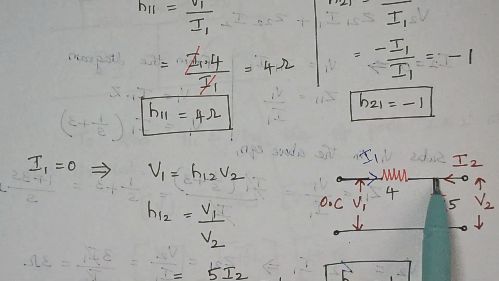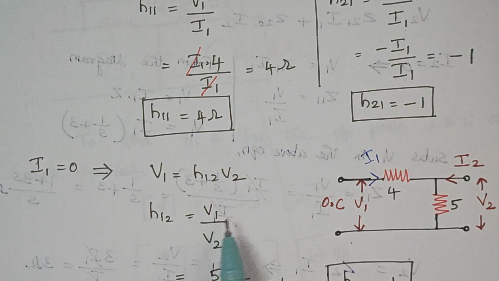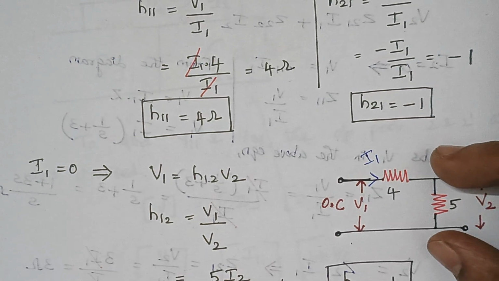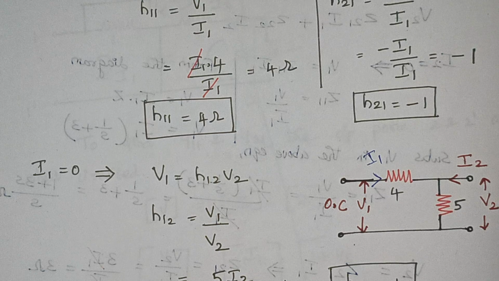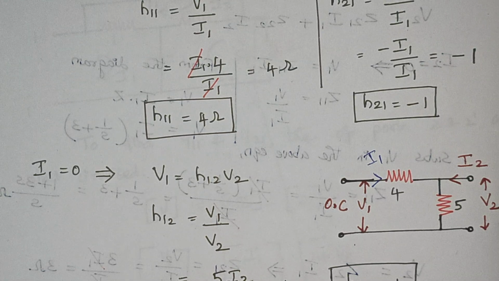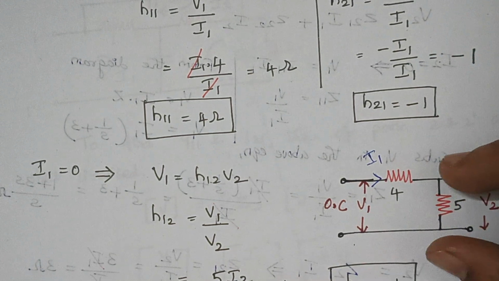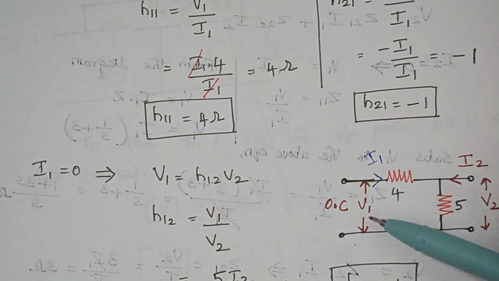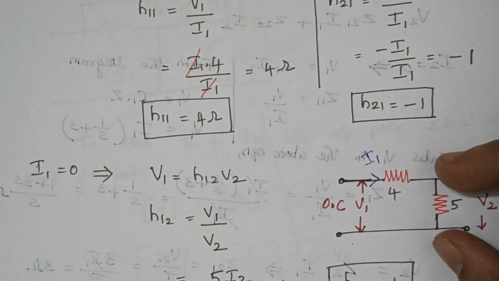Again when you look at this diagram, what is V1? V1 is nothing but the voltage across this 5 ohm. And when you look at V2, again the same thing: V2 is the voltage impressed across this 5 ohm resistor. Can you tell me why for V1 also we are taking the voltage across this 5 ohm resistor?